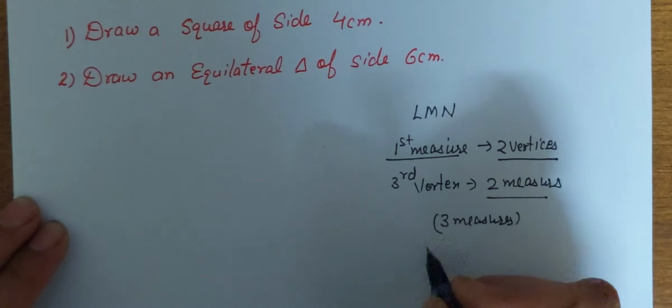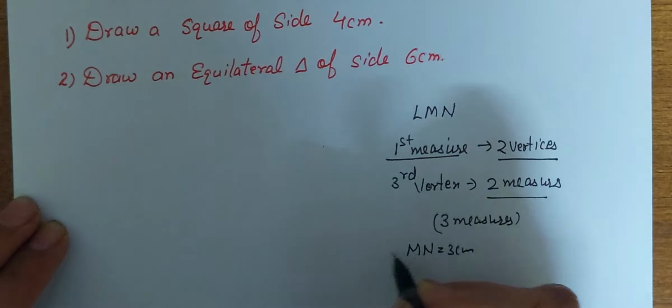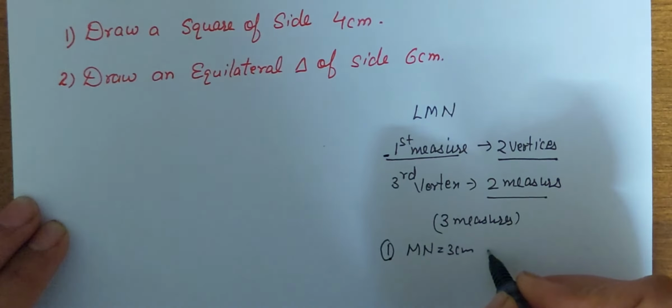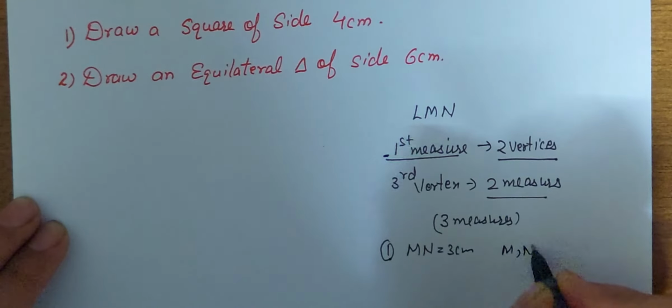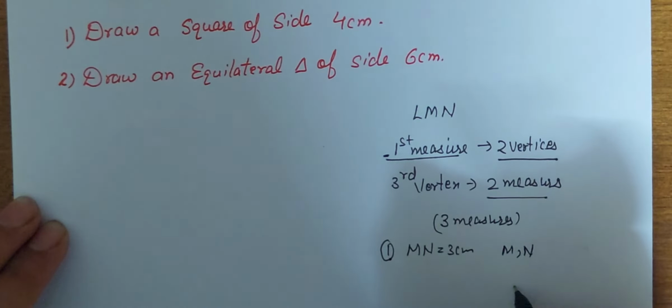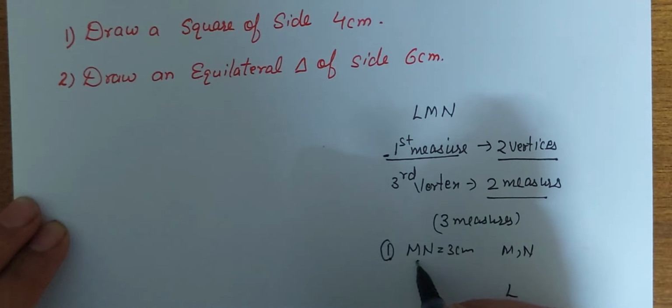Suppose we have been given MN equals 3 centimeter. When we use this first measure, we'll get M and N. Now we are left with the third vertex, which is L. To reach L, we need 2 more measures.